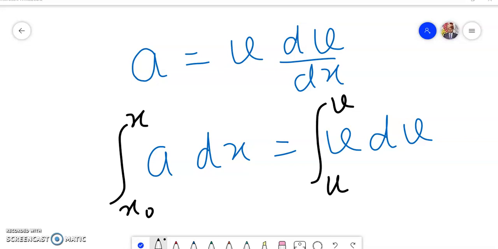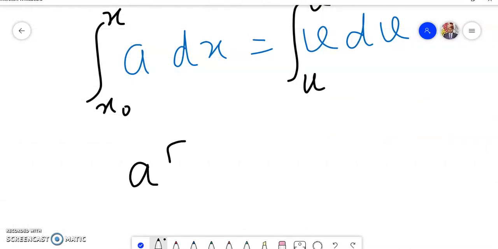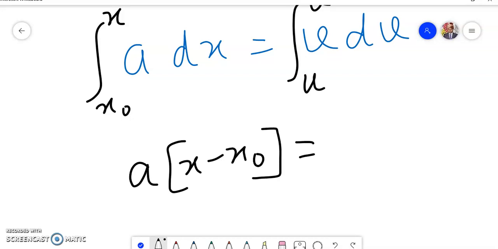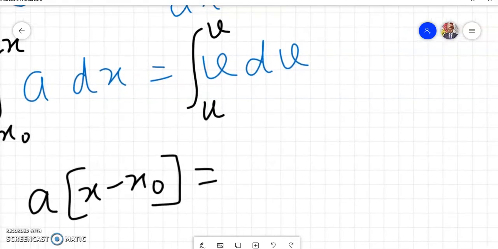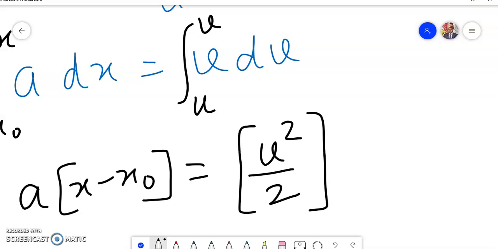So what you get is, lastly, a into x minus x naught, simple integration, as I have told you earlier, and this will be equal to v square upon 2, and the limit will be u to v.